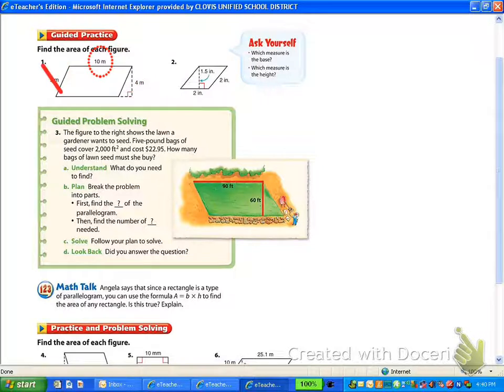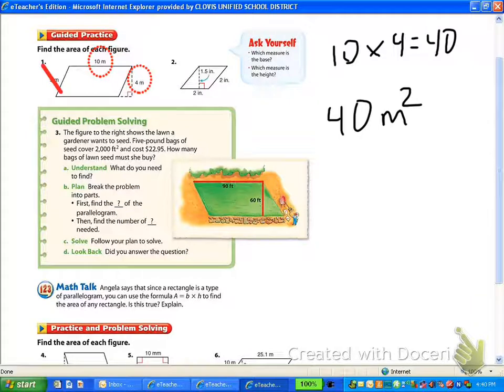So we're going to use 4 as our height. So 10 times 4 equals 40 meters. 40 square meters, because we're looking for the area, not the perimeter, the area. So it's 40 square meters.